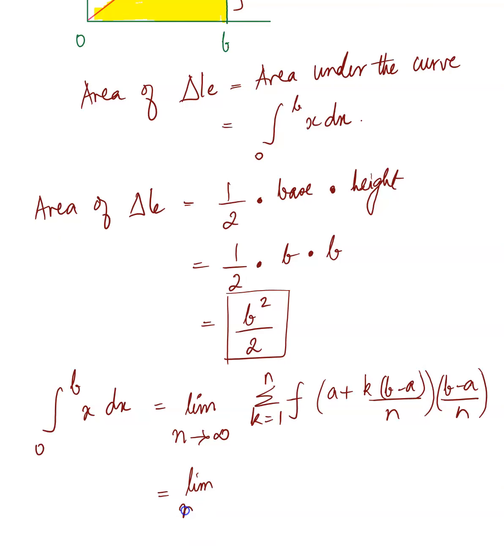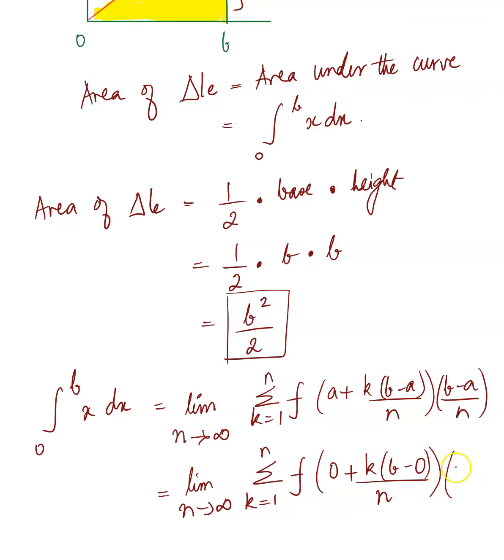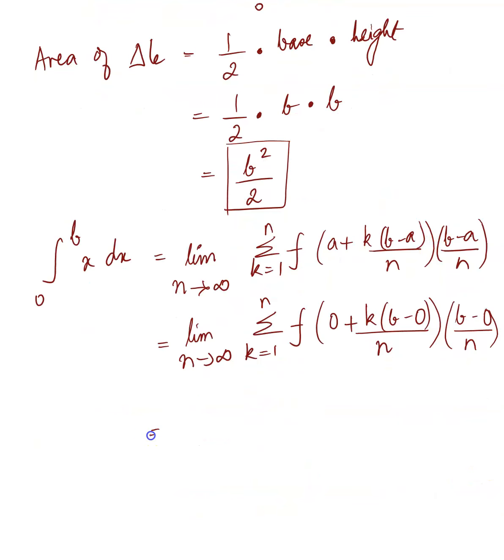So that's the limit as n approaches infinity of the summation from k equals 1 to n of f of a plus k times (b minus a) over n. The starting point a is 0, so it's 0 plus k times (b minus 0) over n. We're going to keep the n as it is. Let's clean that up.